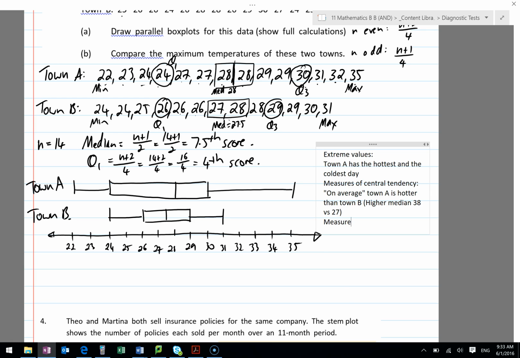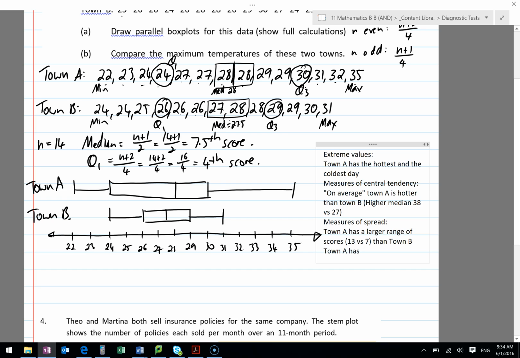And I'll look at the measures of spread. Okay, town A has a larger range of scores, 13 versus 7 in town B. And we can also talk about the interquartile range.